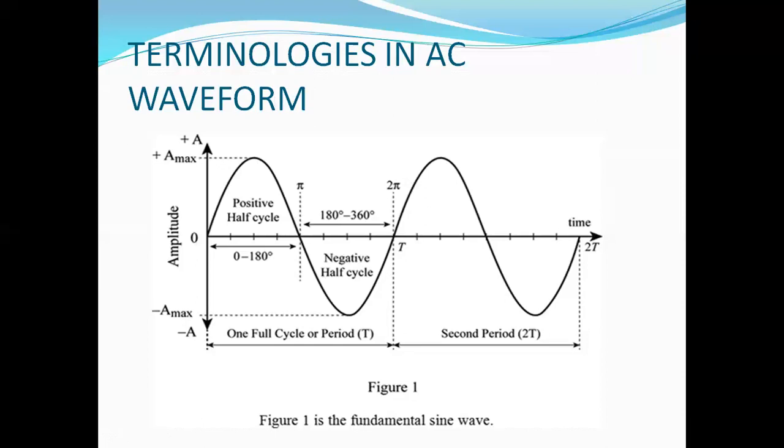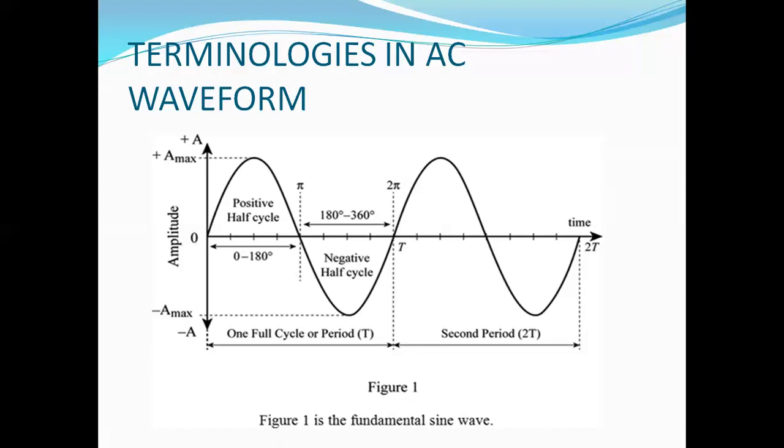A cycle can also be defined as that interval of time during which a complete set of non-repeating waveform variations occurs, containing positive as well as negative loops.